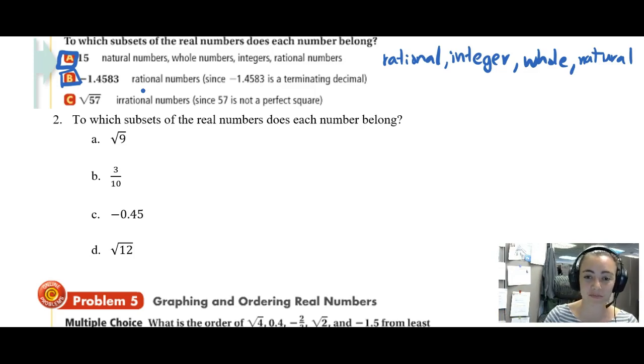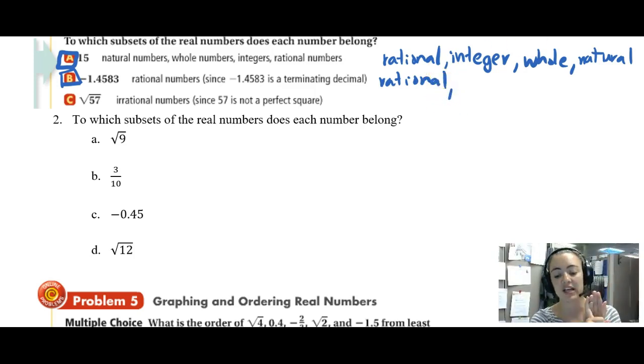So it's rational. The next subset that's inside rational numbers is your integers. That's your negative, your whole, and your natural numbers, and your negative natural numbers. Well, those do not involve decimals or fractions, so it is not an integer. So the only real number subset it belongs to is rational.